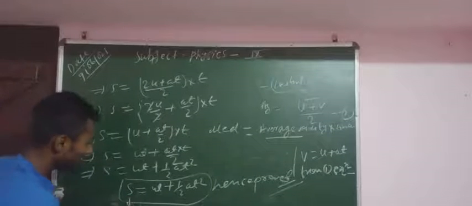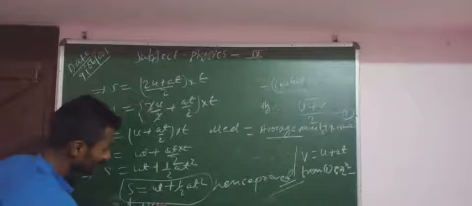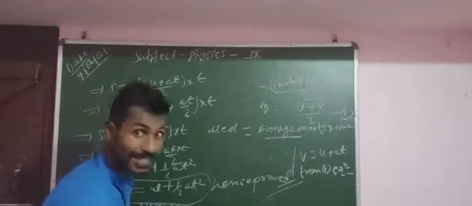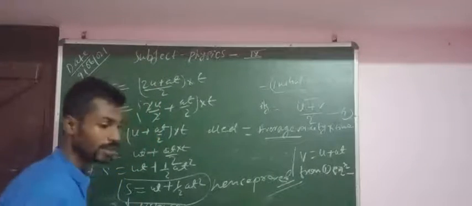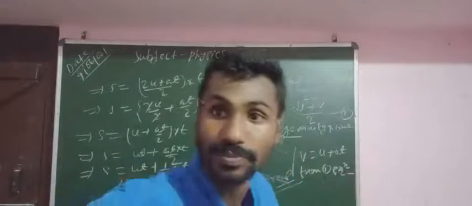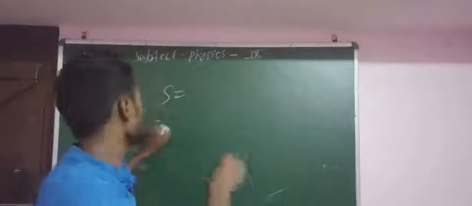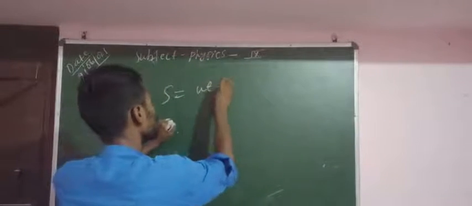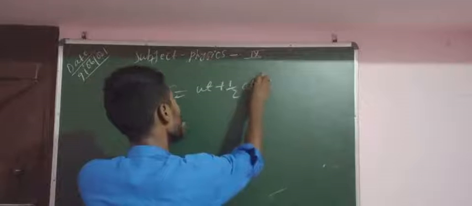Here s is the distance traveled by the body in time t, and it will be equal to ut plus 1 by 2 at square.